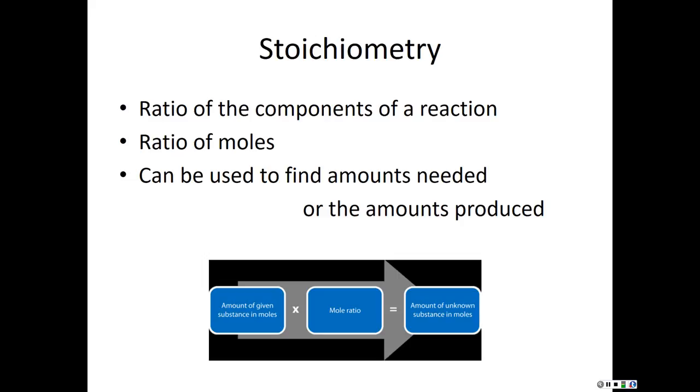So 1 mole NiCl4 goes on the bottom. 2 moles of O2 go on the top. Moles NiCl4 cancel. O2 match. 7 times 2 is 14 divided by 1 means that I need 14 moles of O2 to react with my 7 moles of NiCl4.